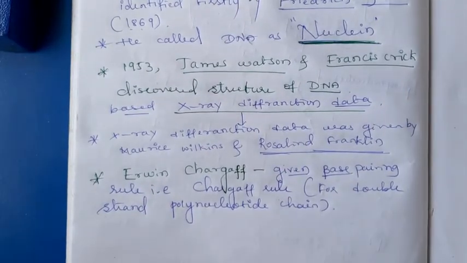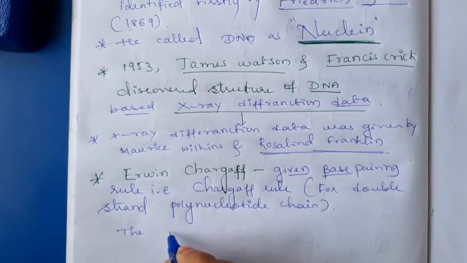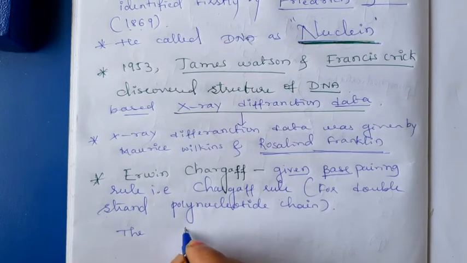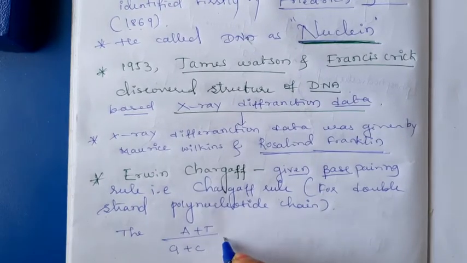According to his rule, the ratio between adenine and thymine and guanine and cytosine is always equal.